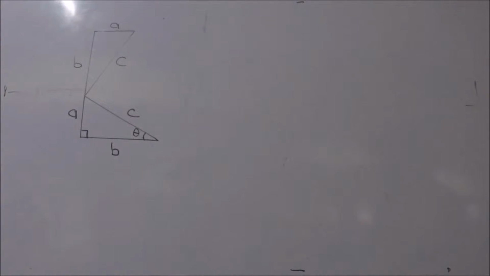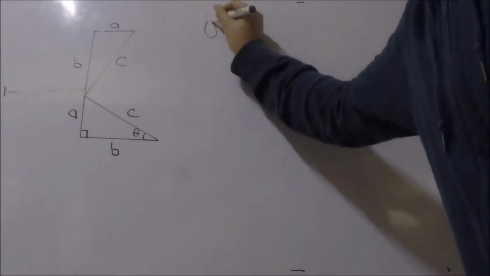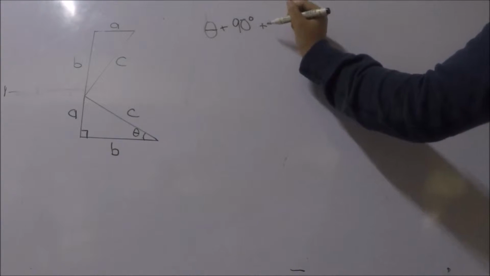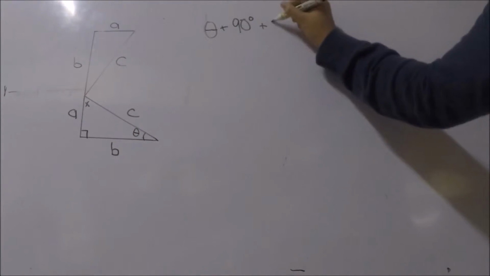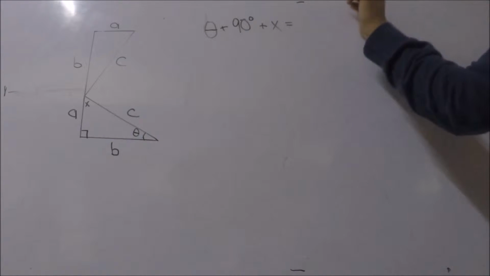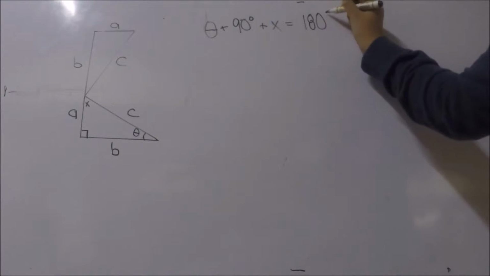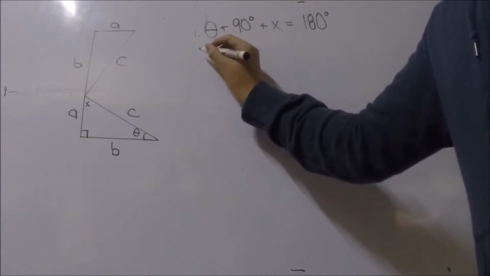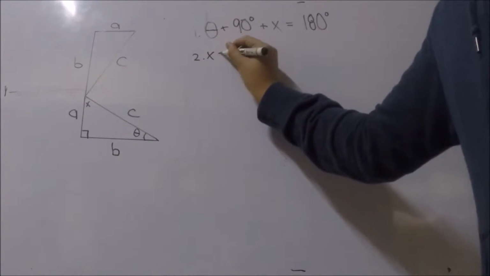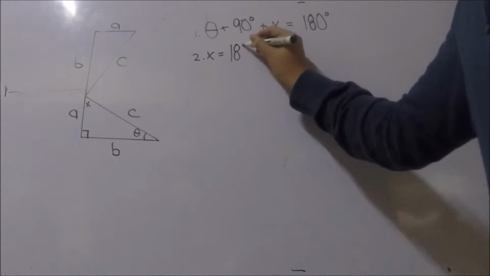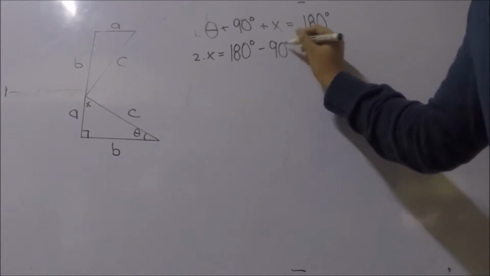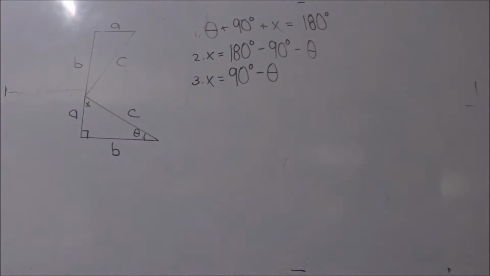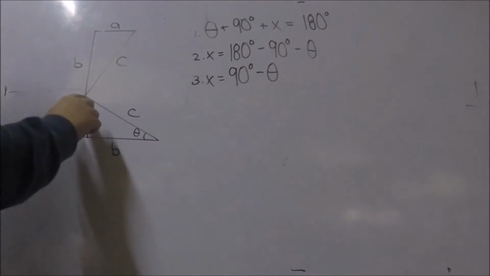Since we're given two of the three angles, we'll name this angle x for now. So it's theta plus 90 degrees plus x is equal to 180 degrees, because for all triangles, the sum of the angles is 180 degrees. If we isolate x, we get 90 degrees minus theta. So we're gonna change x to 90 minus theta.